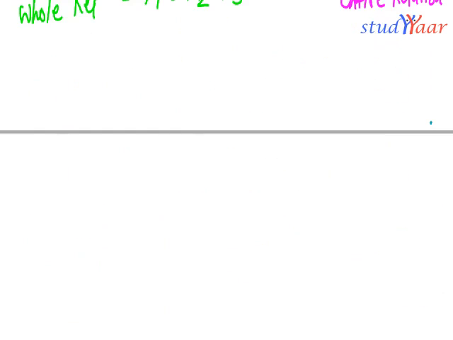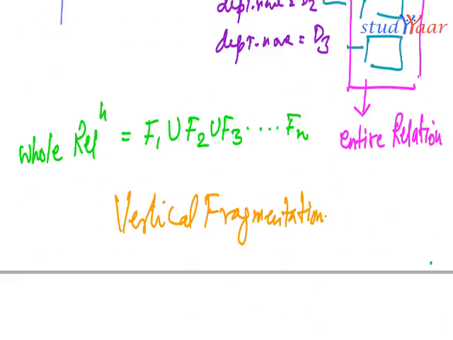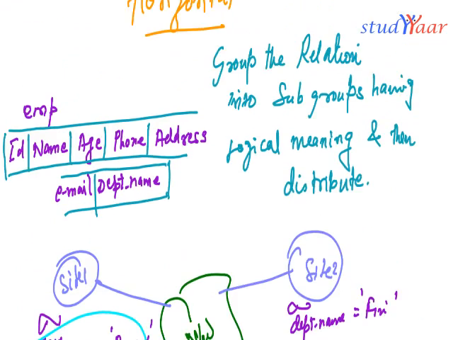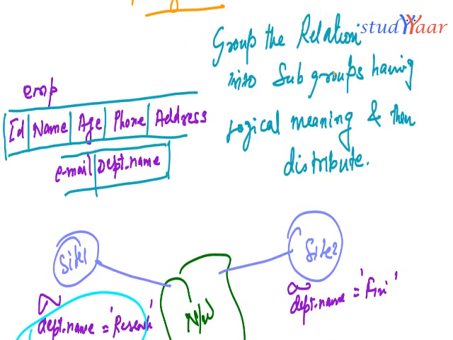So now let's talk about vertical fragmentation. As I already told, here we keep some attributes at some locations. Not all attributes are kept at one location, rather only some attributes are kept at a specific location. Each fragment contains some attributes of the entire relation.